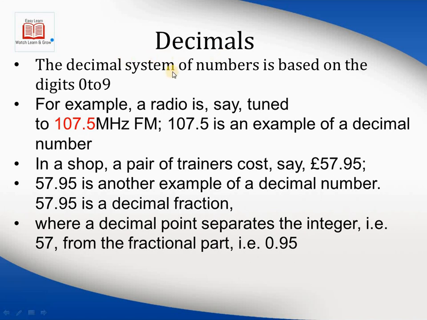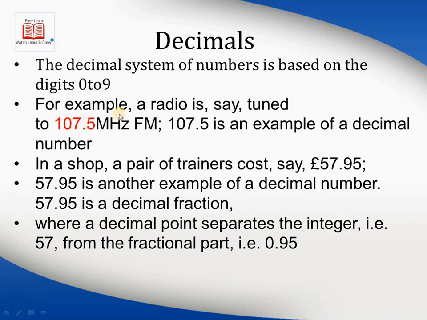So first of all, before discussing decimals, let's discuss some theory. The decimal system of numbers is based on the digits 0 to 9. All the number systems here are basically decimals. That is to say, there are a total of 10 digits if we include 0: 0, 1, 2, 3, 4, 5, 6, 7, 8, 9. So all of the number system is included in the decimals.